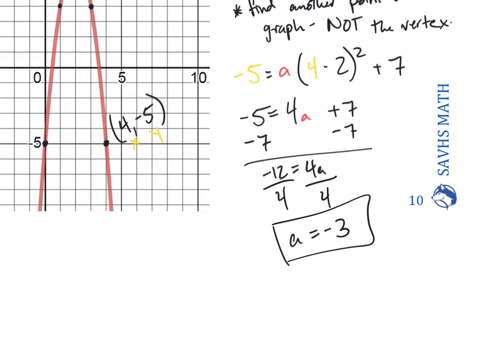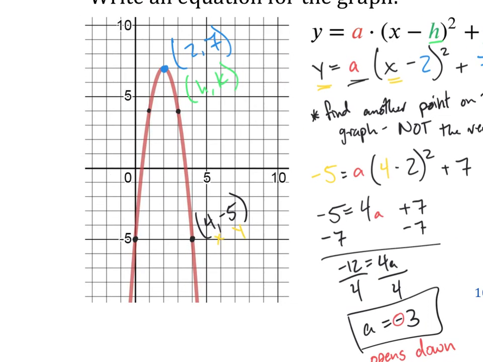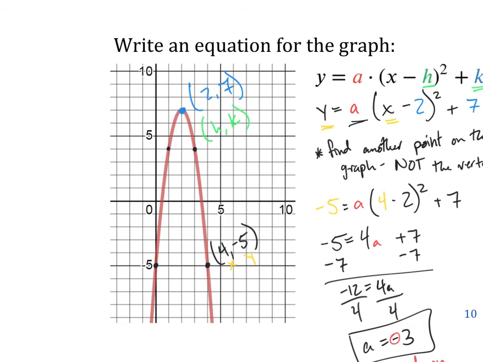And check this out. This negative right here means that this graph opens down because we have some kind of reflection across the x-axis. So this makes sense in my head. My scale factor is negative, it opens down, and that matches what I have on the graph. I can also see that my normal y equals x squared graph would look like this.